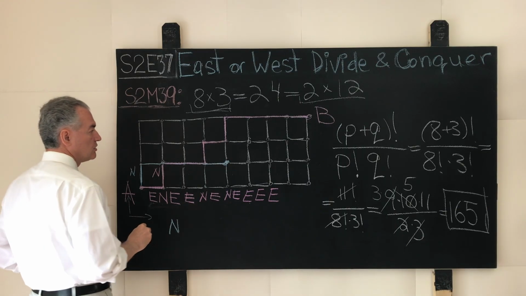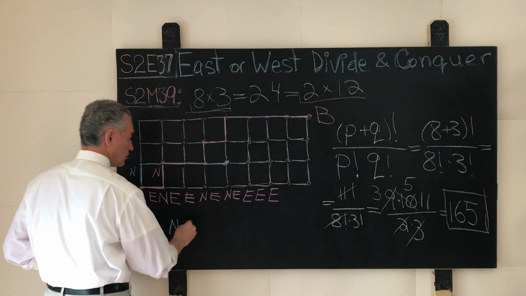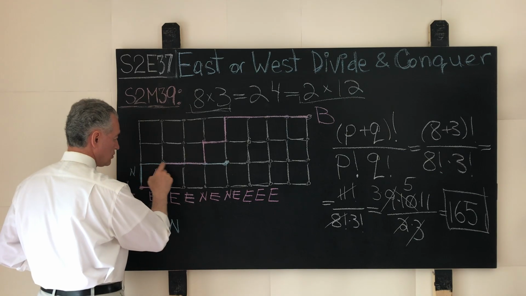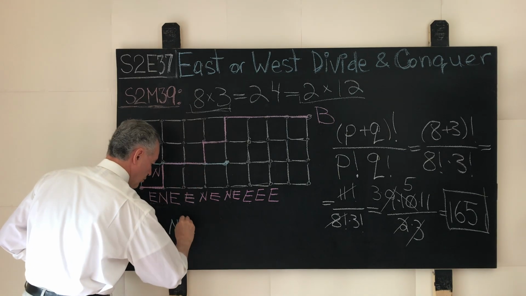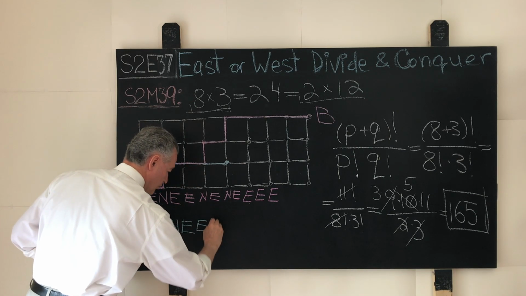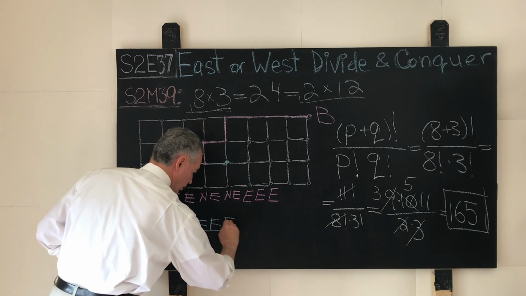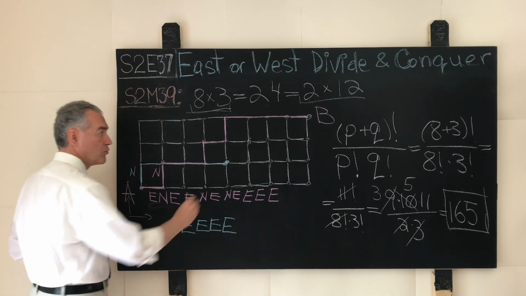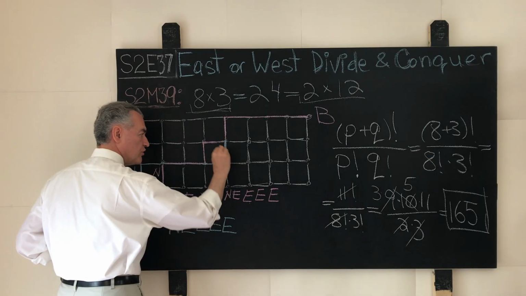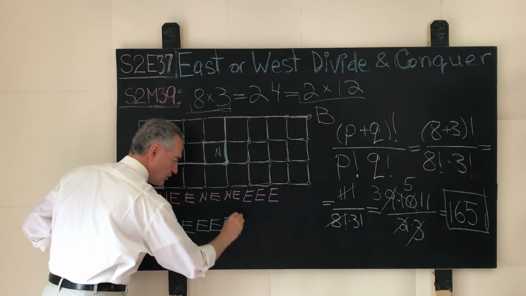Then we will do what? North, 1, 2, 3, 4. 1, 2, 3, 4 steps east. Then we'll make one step north over here and again north.